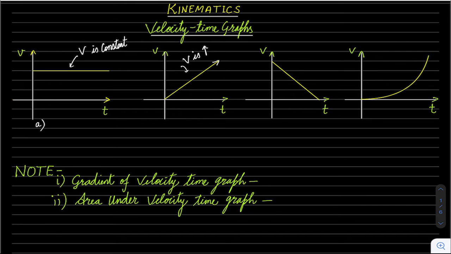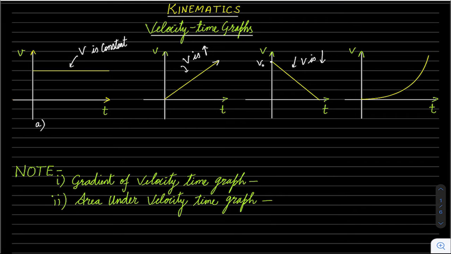At time t equal to 0, you have some velocity, let's say v naught, and you can see as time increases, the velocity is going down. That is, velocity is decreasing. In the last graph you can see as time increases, my velocity is increasing. So that's the basic information that we can see from the graphs.